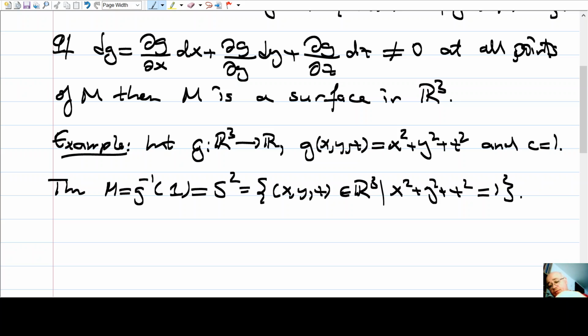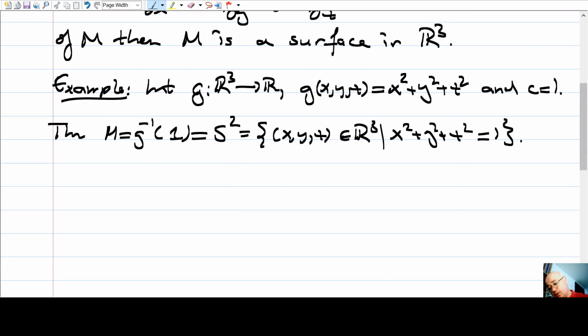Now we have already seen that this is a surface, but this theorem will show us that this is a surface in a simple way. How?